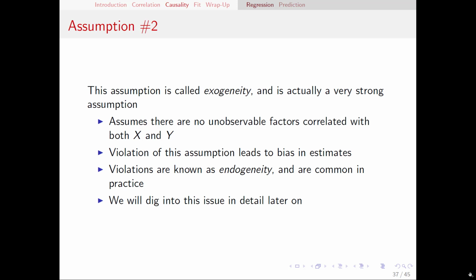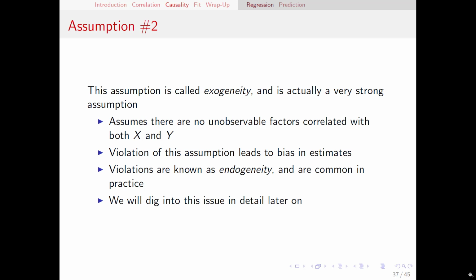Exogeneity implies that no unobservable factors exist that are correlated with both x and y. Remember that any unobservable factor correlated with y has some role in forming epsilon. And if any of those things are correlated with x, then the exogeneity assumption is broken. This is really, really important because if this assumption is broken, then we're going to have bias in our estimates, and that's going to make it impossible to make a causal claim about our regression.